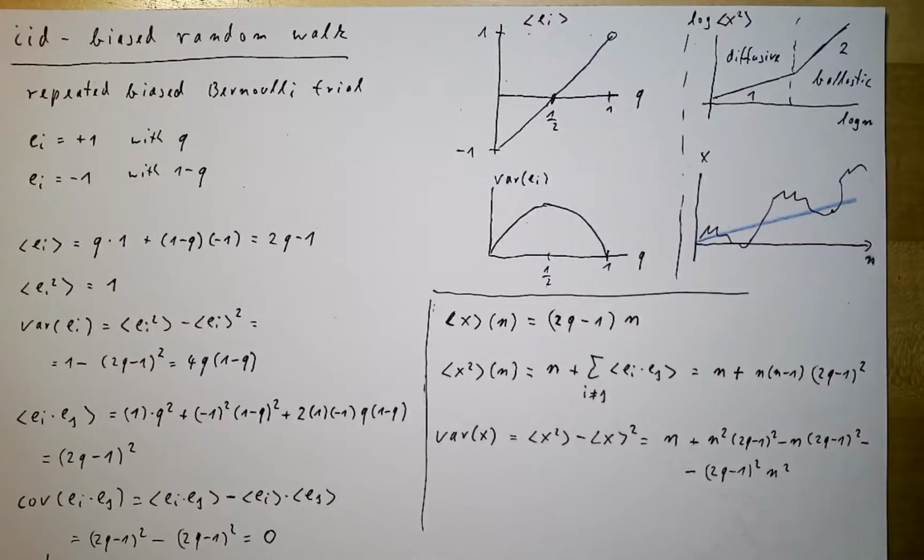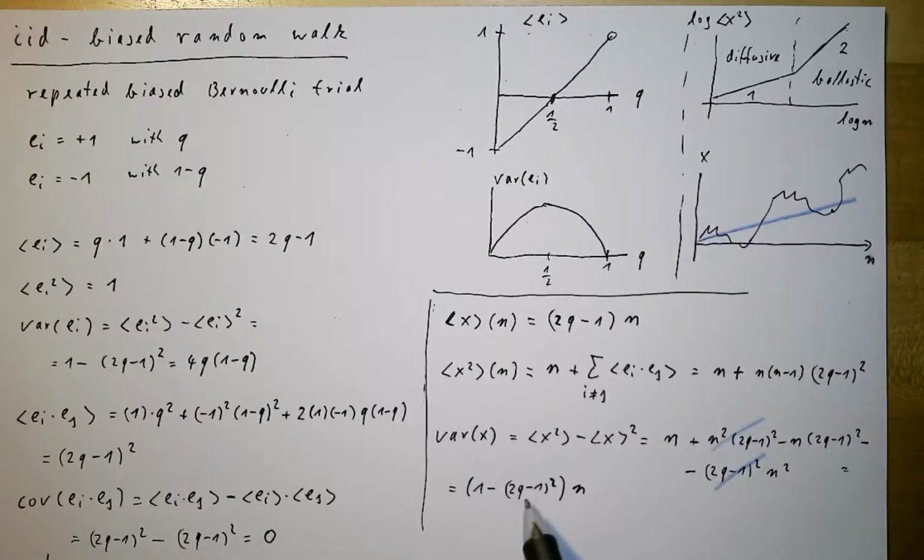And then you see these quadratic terms cancel, meaning all the terms in the ballistic term cancel, because we now subtract this mean value, and we are left with something which just goes proportional to n. This is (1 minus (2q minus 1) squared) times n.